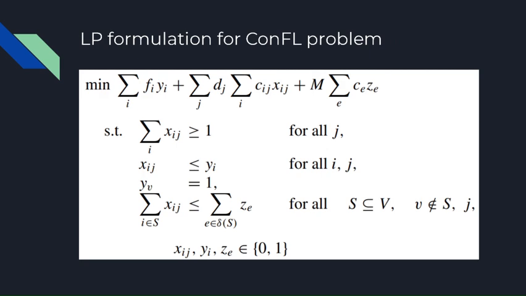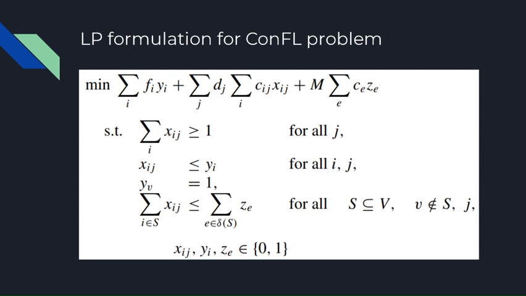So if the problem is clear to you, first let us see the LP formulation for the CON-FL problem, and then we'll see how it simplifies for the rent or buy problem in our case. So the cost function, as I had explained earlier, will be this, but now we have the variables added. yi is the variable for whether a facility I is opened or not.